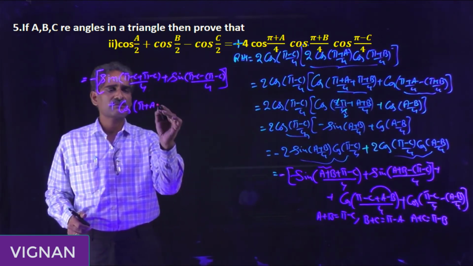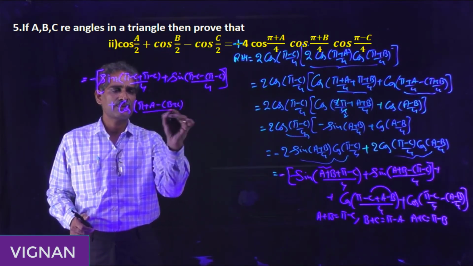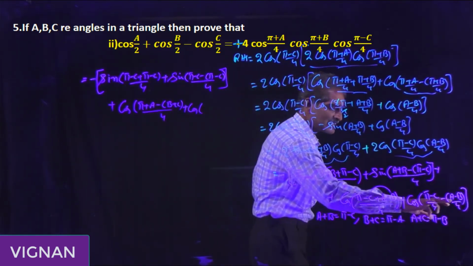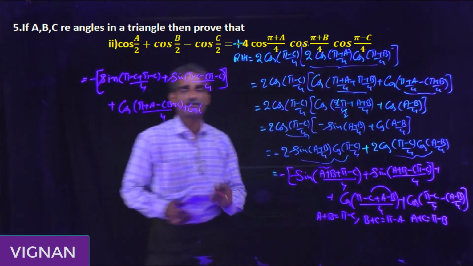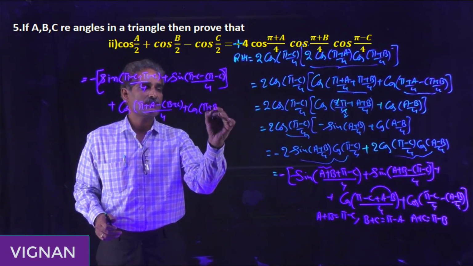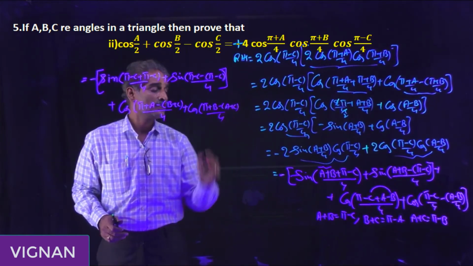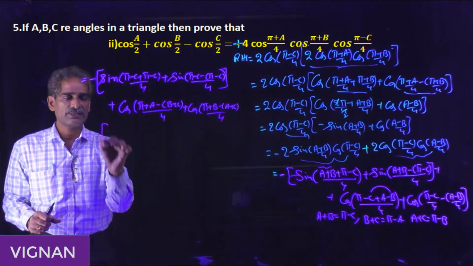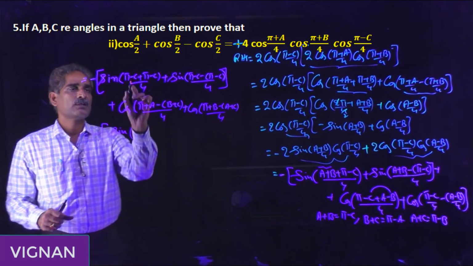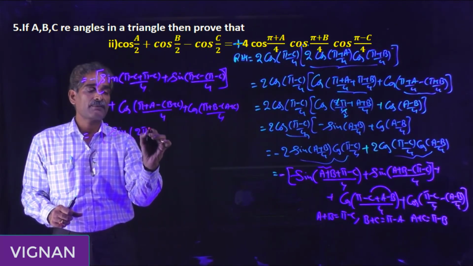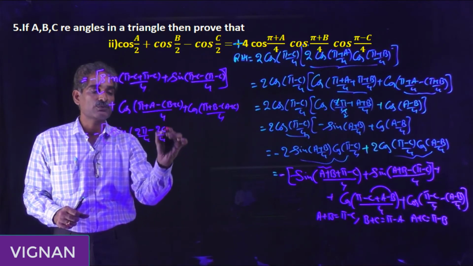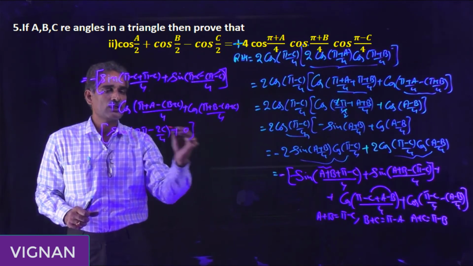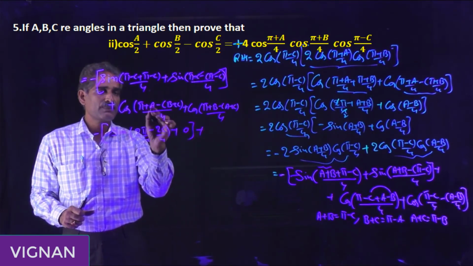Minus of b plus c, minus of b plus c by 4, plus cos of, from this we get minus a plus b. The positive terms are pi and b, pi plus b minus of a plus c by 4. Now by using this, convert all the angles into single form. Minus sin of pi plus pi, 2 pi minus 2c by 4. That is the first term. The second term is these two terms get cancelled, sin 0 is 0, and the third term is pi plus a minus of b plus c.